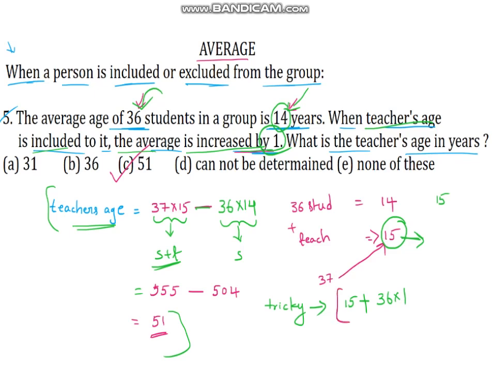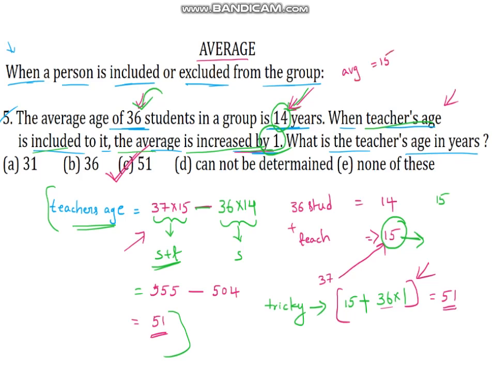This is the very important step to solve this question. Here 36 plus 15 equals 51, which is the answer. Option C is the answer. No need to do all these things. When the teacher is included with the students, the average becomes 15.